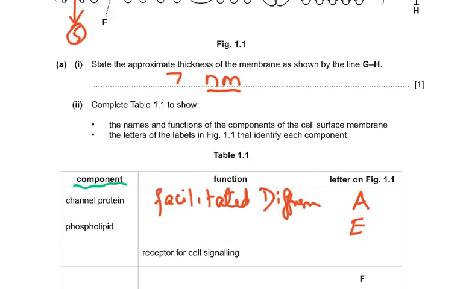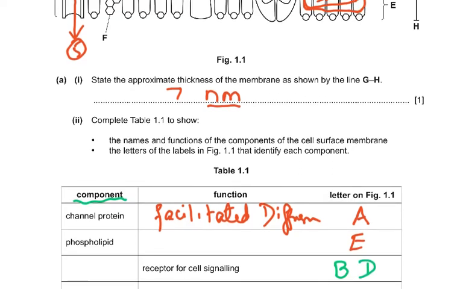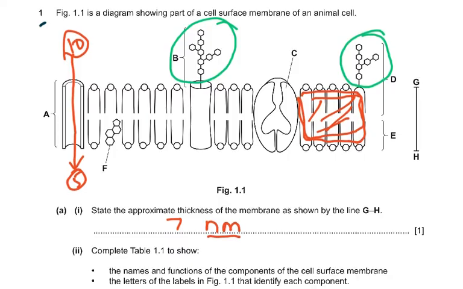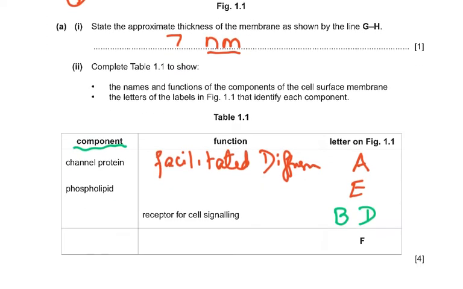It could be B or D. So B is this, and D is this. Receptor for cell signaling. So you could have said glycolipid or glycoprotein.